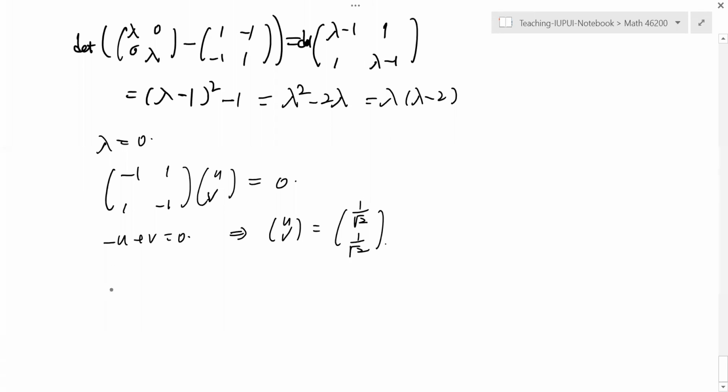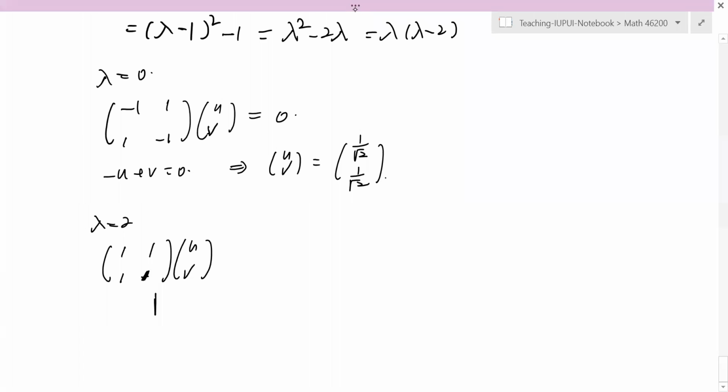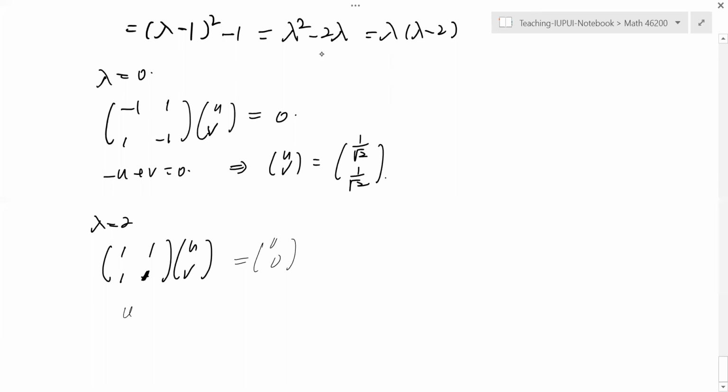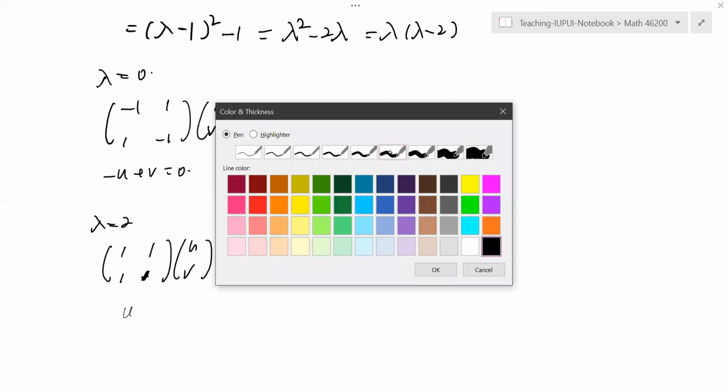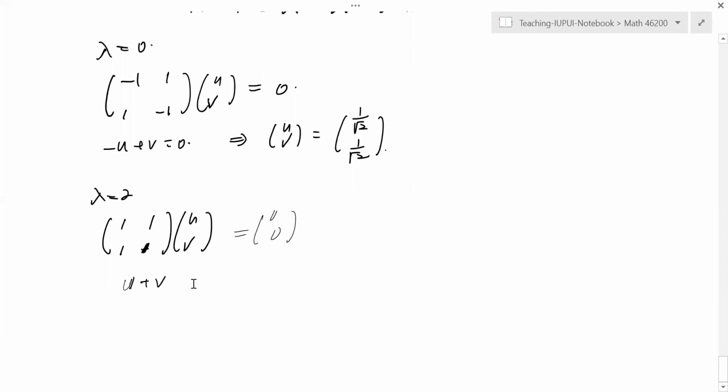Okay. Then when lambda equals 2, and the UV. Okay, in this case, I get 0, 0. So clearly, U plus V should be 0. So clearly UV is going to have the opposite sign. So I can assume that.